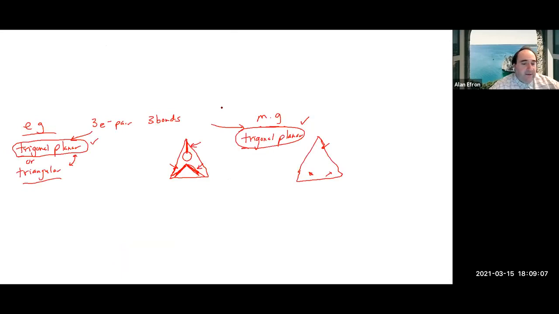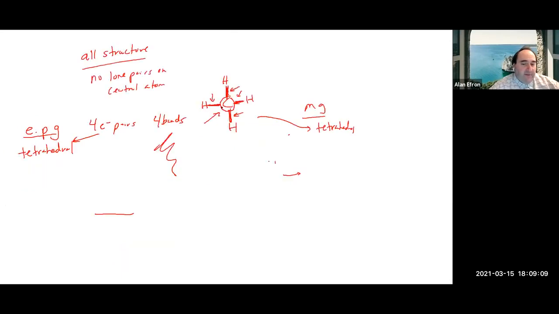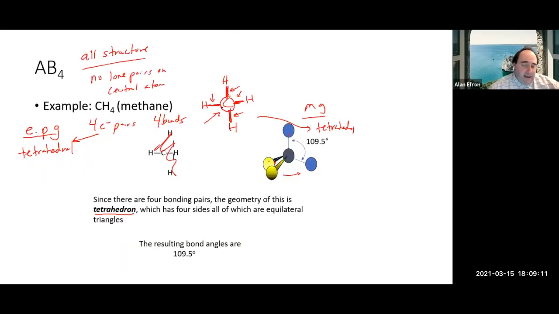And what we see in terms of the names, the electron pair geometry name and the molecular geometry name, they're exactly the same. So if you draw a Lewis structure and you have no dots on the central atom, both the electron pair geometry name and the molecular geometry name should be the exact same name.